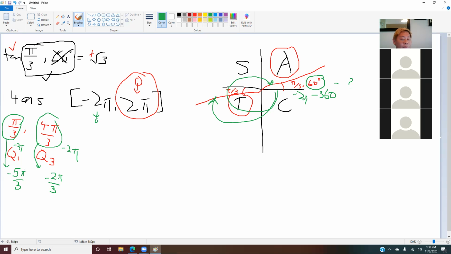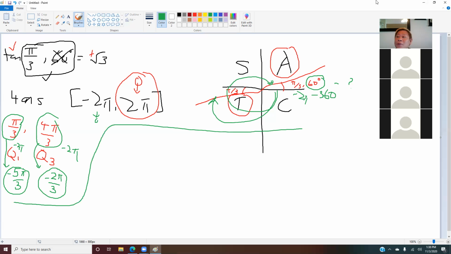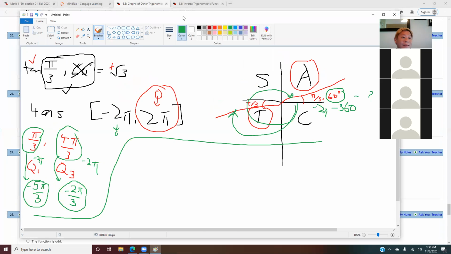So is that negative 2 pi over 3? So your answer in this case will be pi over 3, 4 pi over 3, negative 5 pi over 3, and negative 2 pi over 3. Is that tough? And this is how we do question number 25.